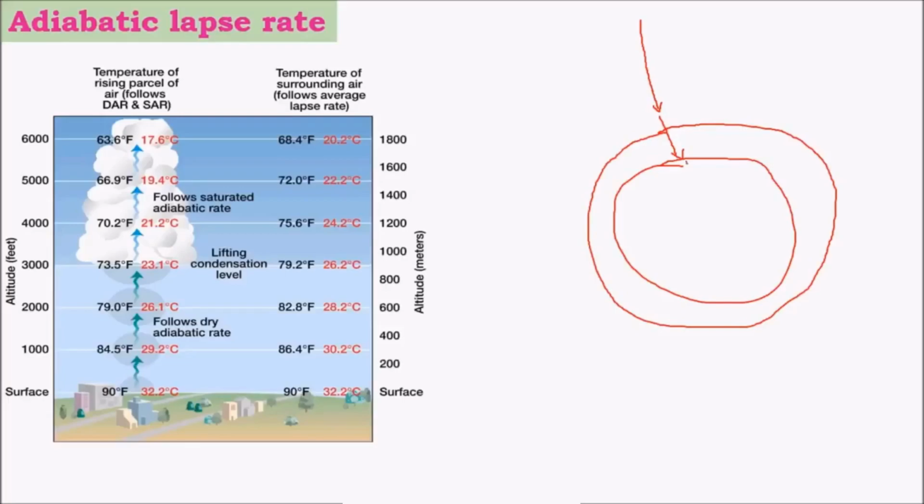And when the sun's rays hit the Earth, they are absorbed by Earth, and this absorbed energy is released in the form of terrestrial radiation or infrared radiation, that is heat. And when this heat is transferred back into space, there are certain greenhouse gases like water vapor, etc., which completely or partially absorb this heat. As a result, the temperature of the atmosphere increases.